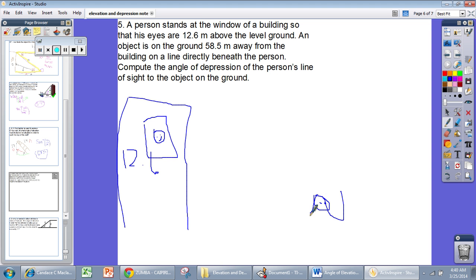Oh yeah, she's got some nice little hair going on. She might need to get one of those sides trimmed. Anyway, so on a line directly beneath the person, the object is 58.5. Alright, so let's turn this into a triangle.